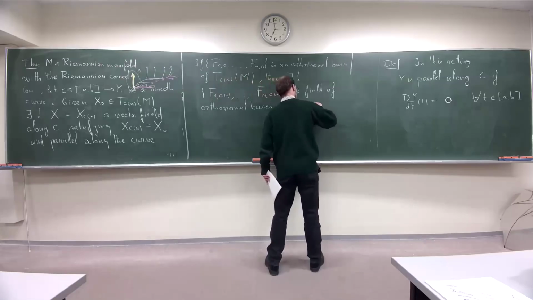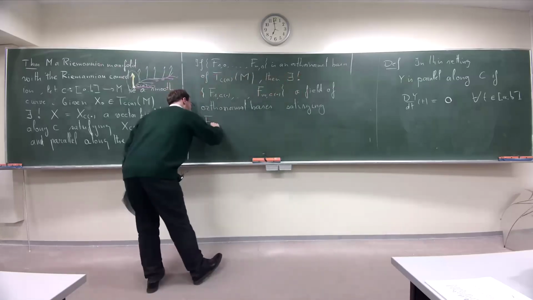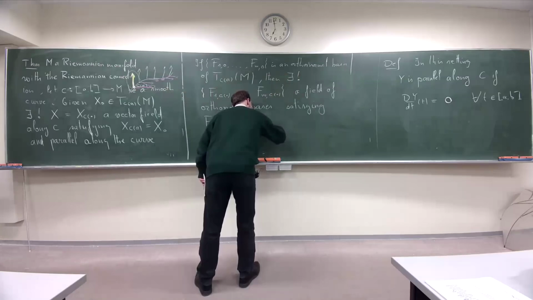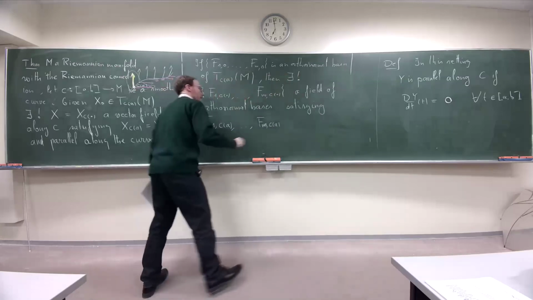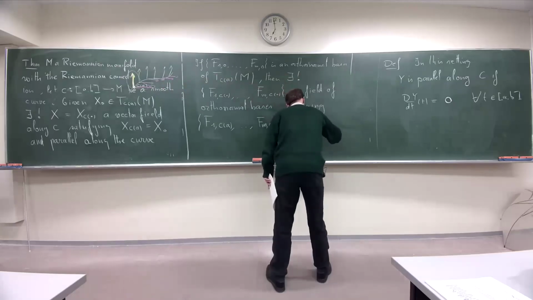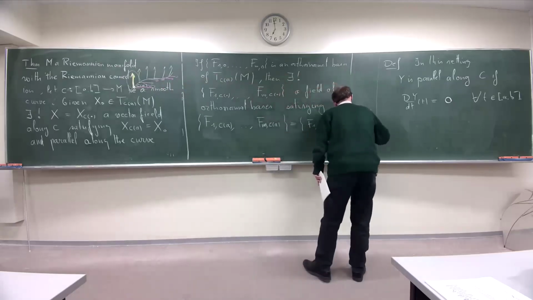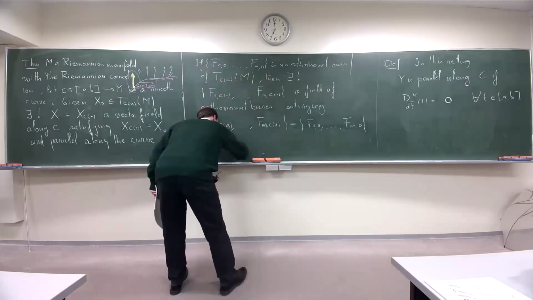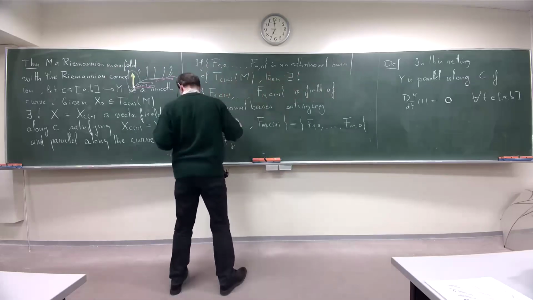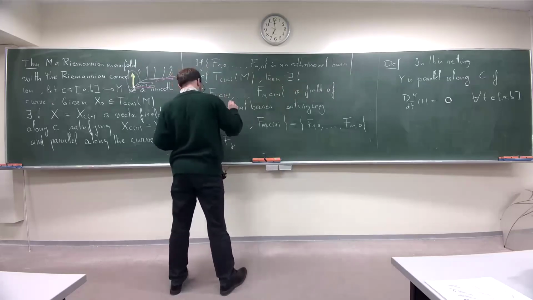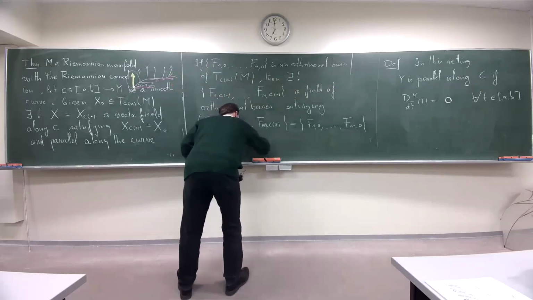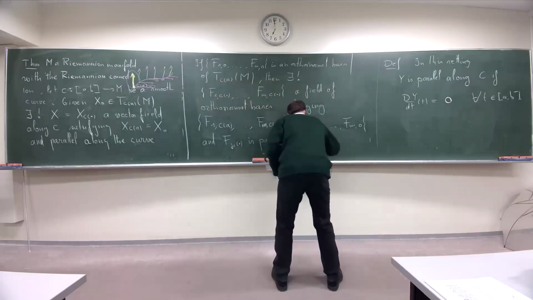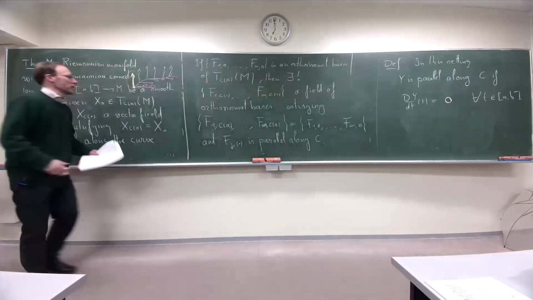The first one is a given one, so it satisfies F1 of C of A up to FM of C of A is the initial one, F1 0 up to FM 0, and Fj of C dot is parallel along C. So this is really this picture you should keep in mind.